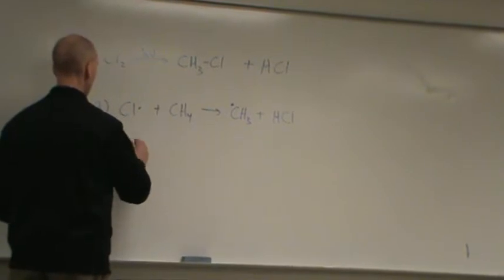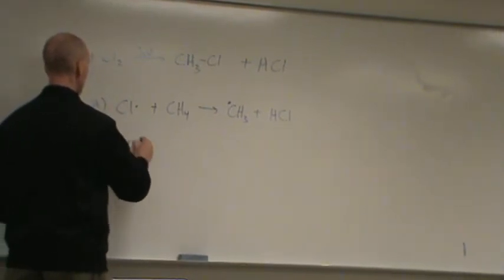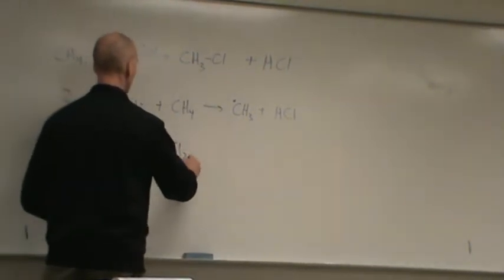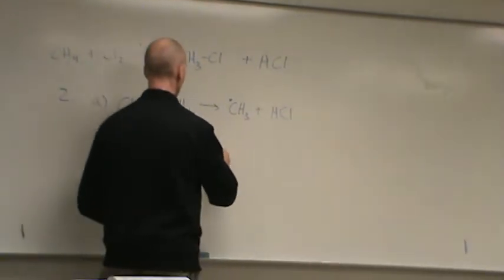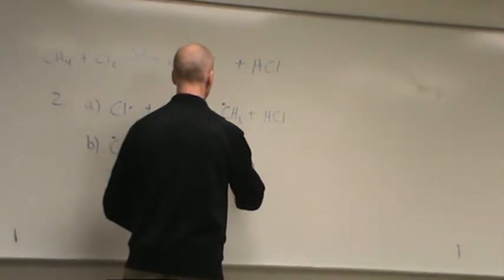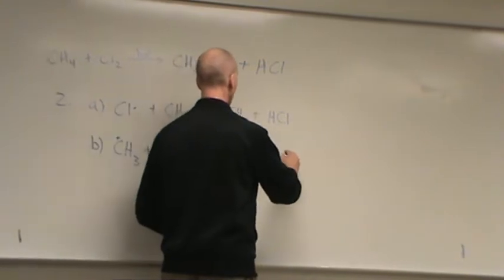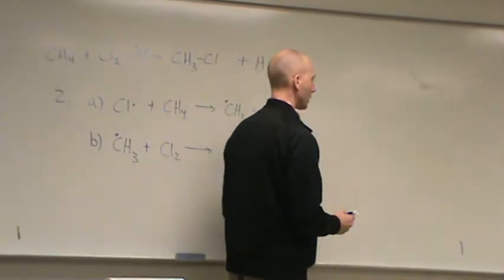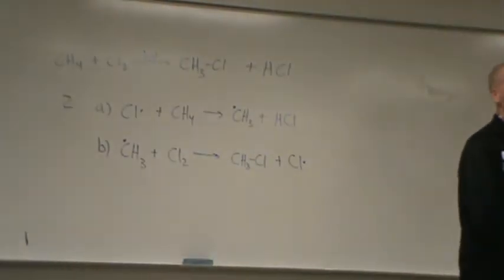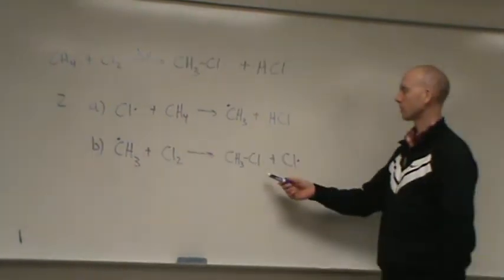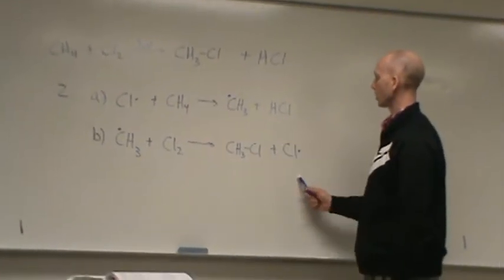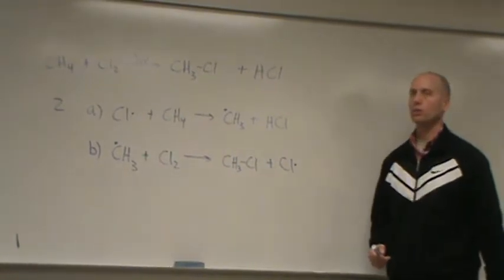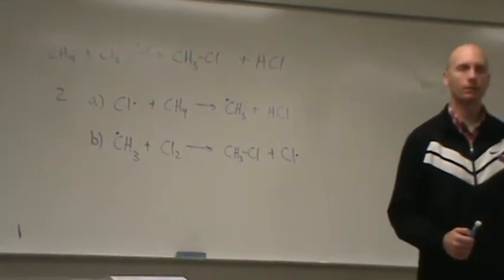Then that methyl radical reacts with chlorine to give you CH3Cl, and this chlorine radical is formed once again.